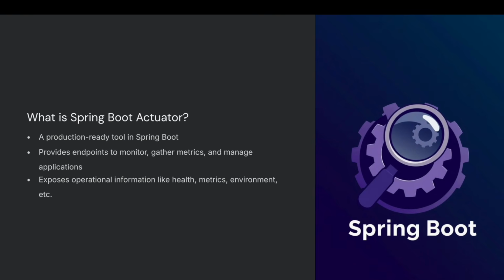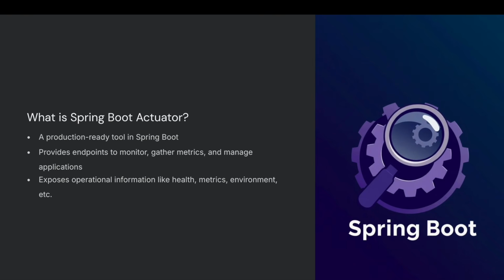So here I'll be talking about what is a Spring Boot Actuator. It's a tool which is available in Spring Boot for production ready applications. It provides endpoints by which you can get the metrics, you can monitor your application, you can manage your application with those available endpoints.